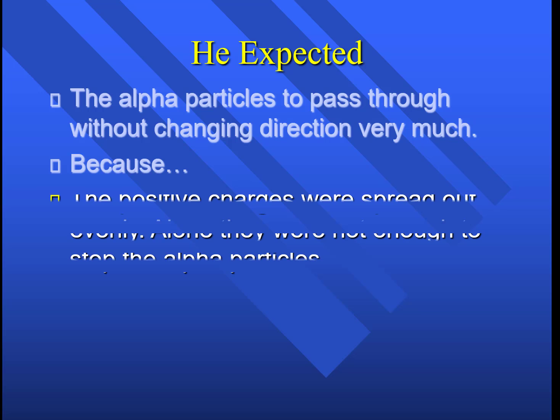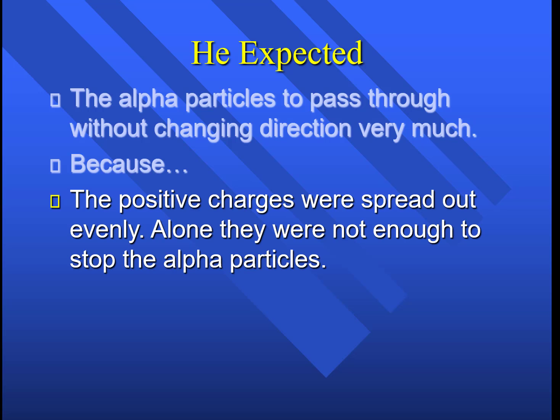And the reason why, because those positive charges are really spread out in Thomson's model. That whole green stuff is positive, but it's a big region that's positive, not concentrated in one little piece, like the negative. The negative's in one little piece. The positive's all spread out.